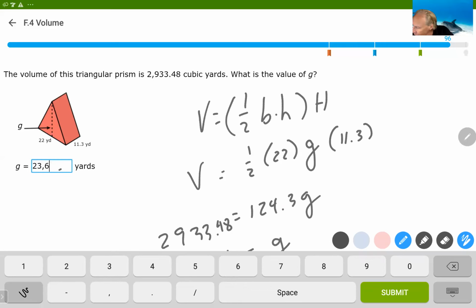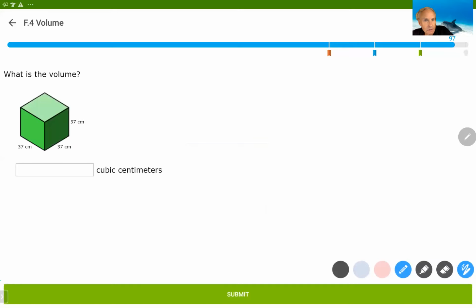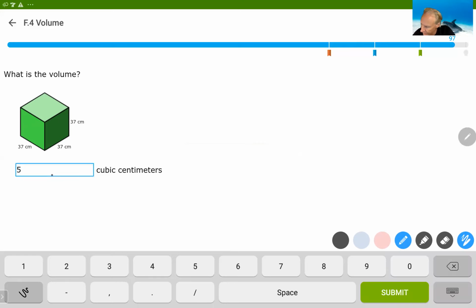Put a comma. There. And it looks like I might be done. Oh, volume 37 cubed. 50,653. And that looks right.